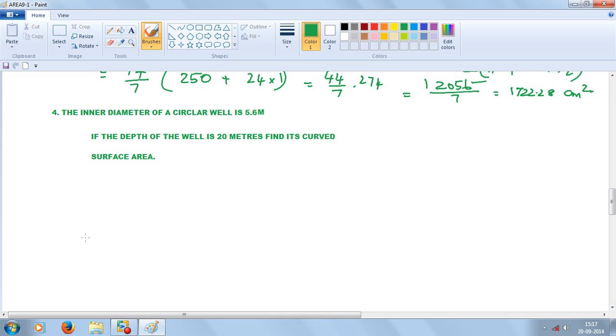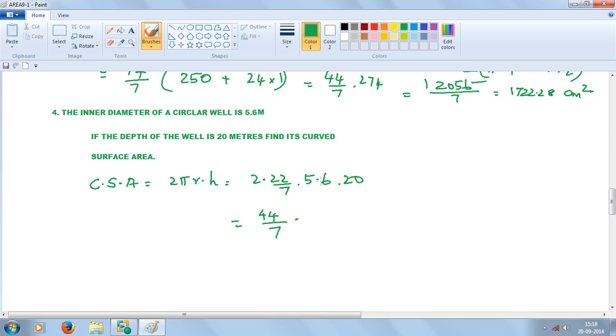So next problem. The inner diameter of a circular well is 5.6 meters. If the depth of the well is 20 meters, find its curved surface area. So curved surface area is equal to 2 pi r h, which is 2 into 22 by 7, radius is 5.6, multiplied by its height 20, equal to 44 divided by 7.